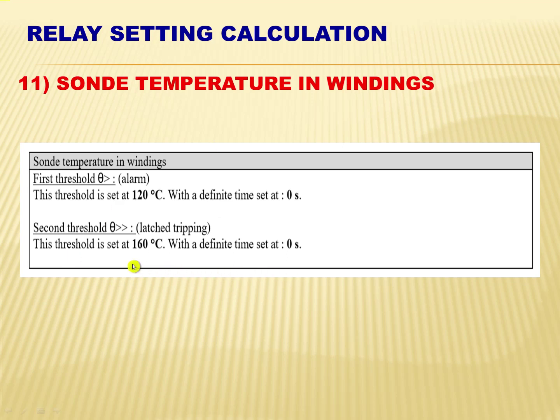Our second threshold, if the high temperature still exists and reaches 160 degrees, is the time that we are going to send a signal to open our contactor. So our time setting will be a definite time set at 0 seconds as well.